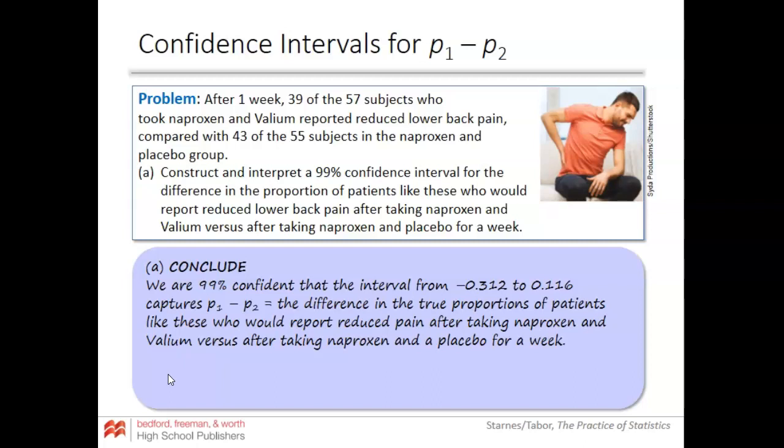So notice that it went from negative to positive here, and we're 99% confident that this interval is going to contain the difference in the true proportions of patients like these who would report reduced pain after taking the treatment versus the placebo, basically, is what we're looking at.